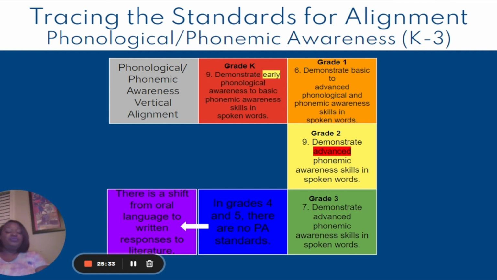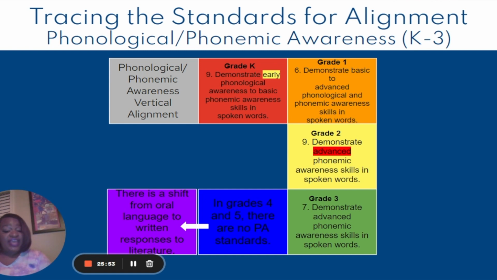As we continue to trace the standard in grade 2, that standard is going to be simply standard 9, which is to demonstrate advanced phonemic awareness skills in spoken words.